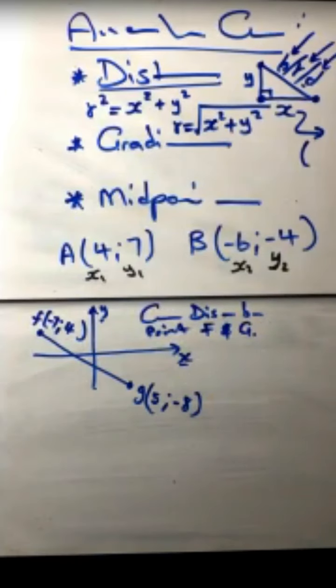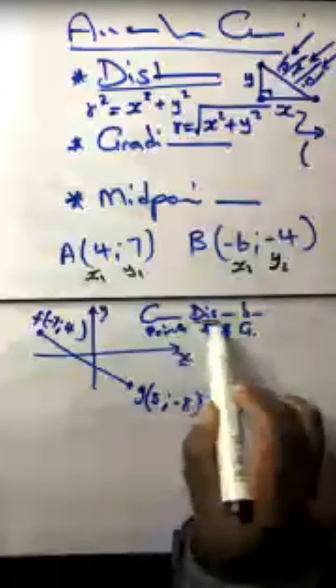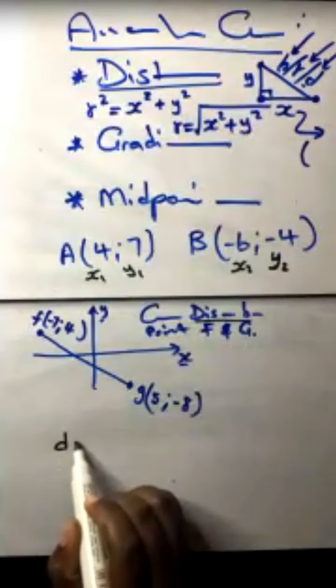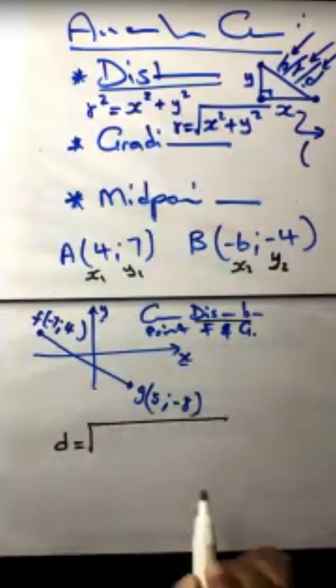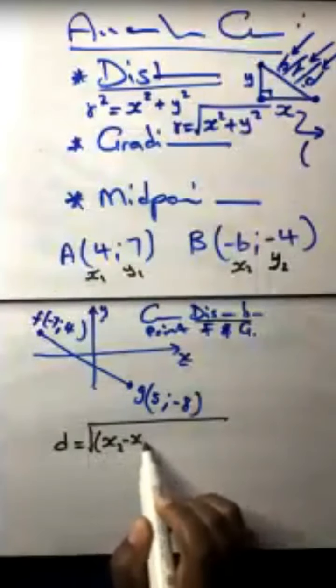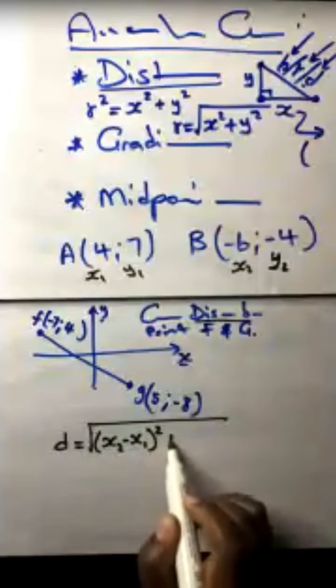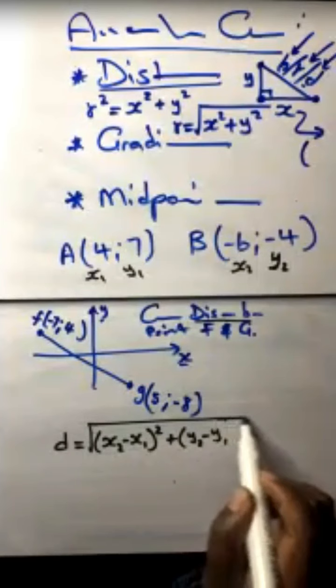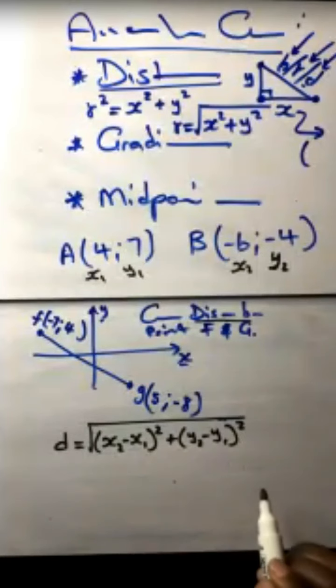What you do, because the question said calculate the distance, is write the distance formula, which is D is equal to, you guys said it's, (x2 minus x1) squared plus (y2 minus y1) squared.